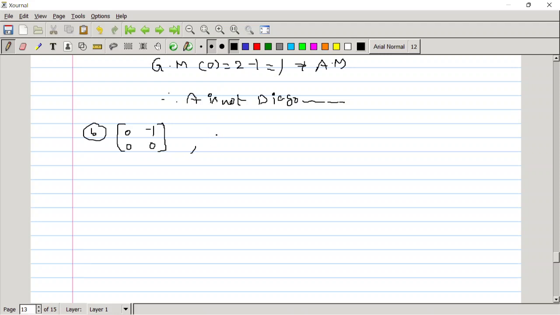Can you say the eigenvalues for an upper or lower triangular matrix? Diagonal elements. Yes, upper triangular matrix.